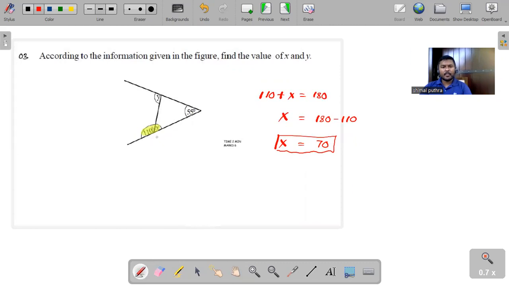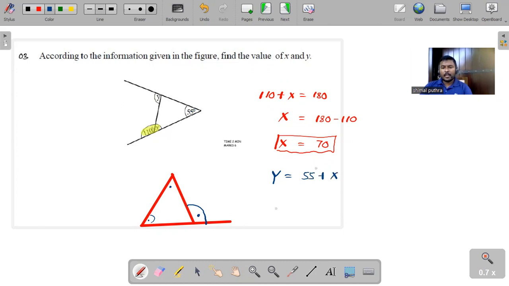Then we can come to that theorem. If we know two angles and we are going to find the external angle, this external angle is equal to the sum of these internal angles. Yes, that means this y should be equal to the sum of this 55 and x. 55 plus x.